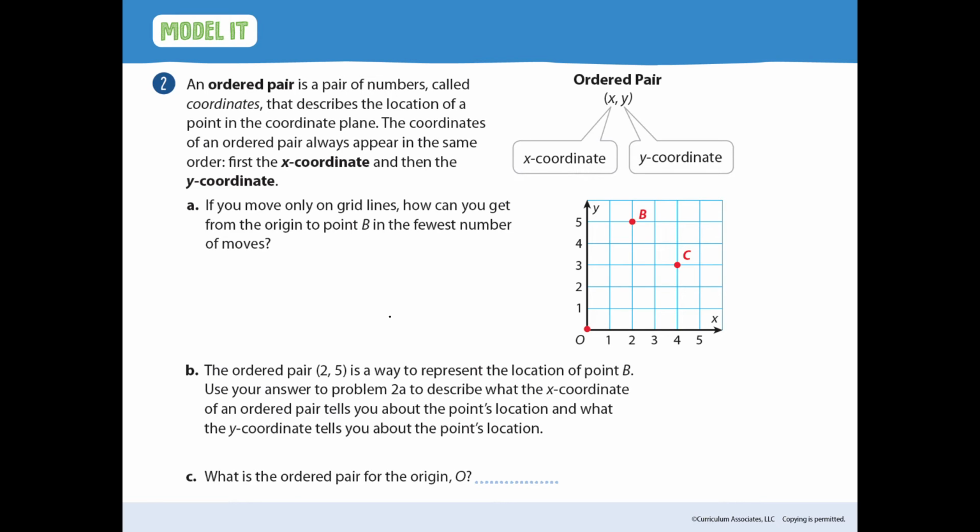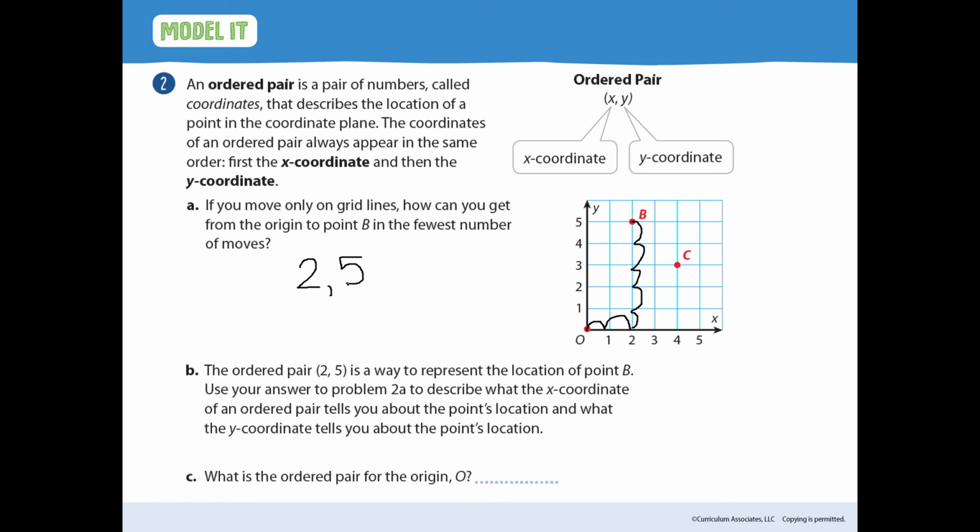So starting from the origin, going on the grid lines here, we would move 2 units over to the right and 1, 2, 3, 4, 5 units up. So again, that's 2 to the right and 5 units up.